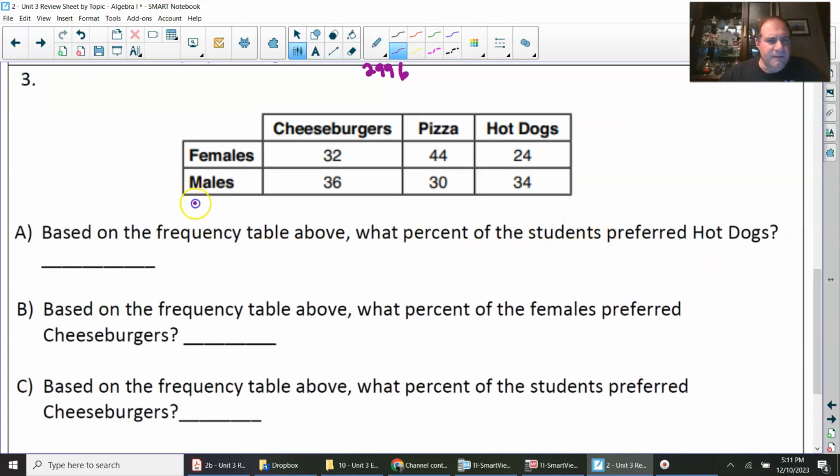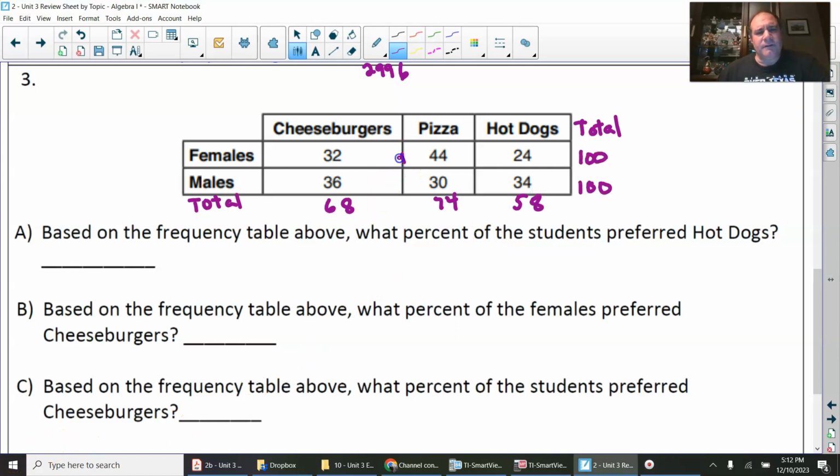All right, number 3. Based on the frequency table above, what percent of the students prefer hot dogs? First off, they're missing totals, so let's go ahead and put that in. This is 68. This is 74. This is 58. I just added all of these across.